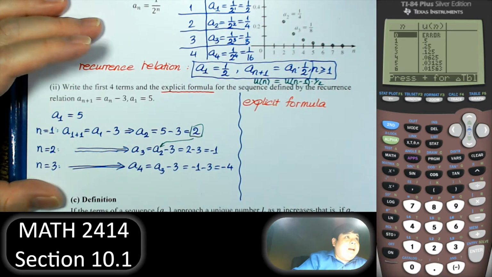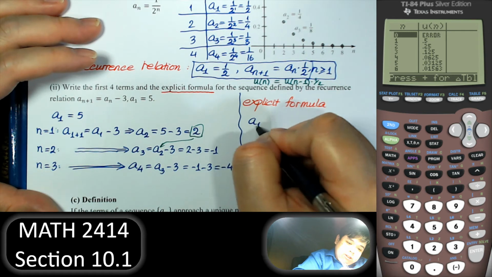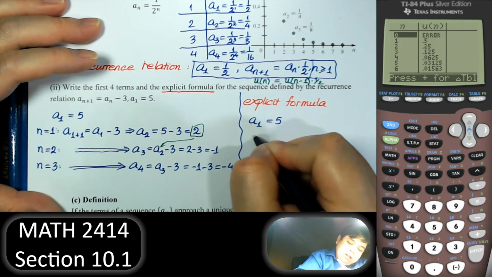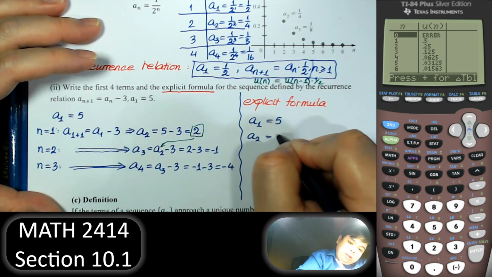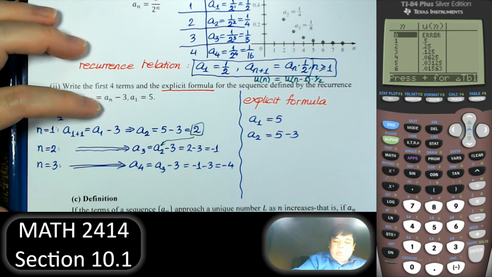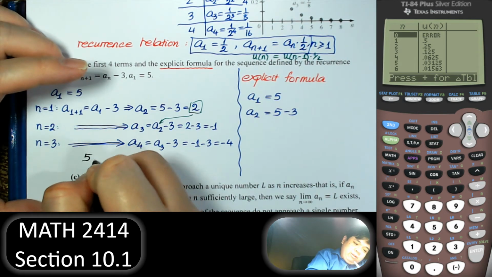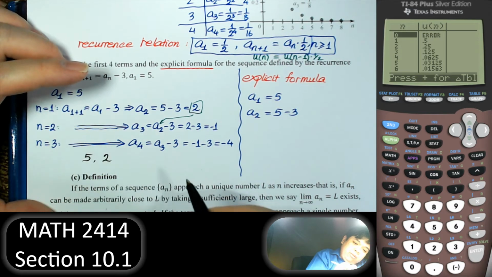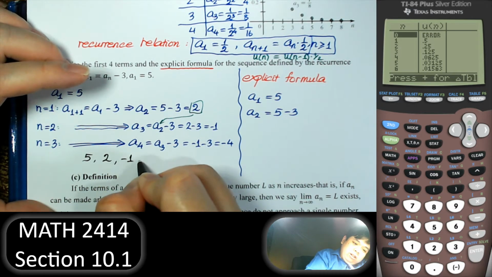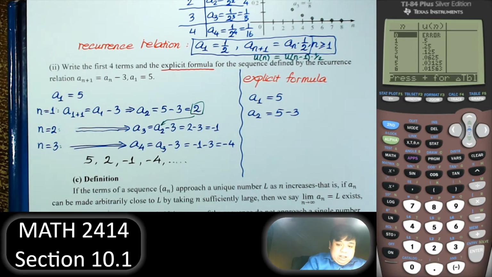Now, for that, I will write this one again. The first term is 5. The next term, 5 minus 3. Instead of writing 2, I write 5 minus 3. Now, let's just write the list of numbers first. We have 5, 2, -1, -4, and so on. We see the pattern clearly, right?